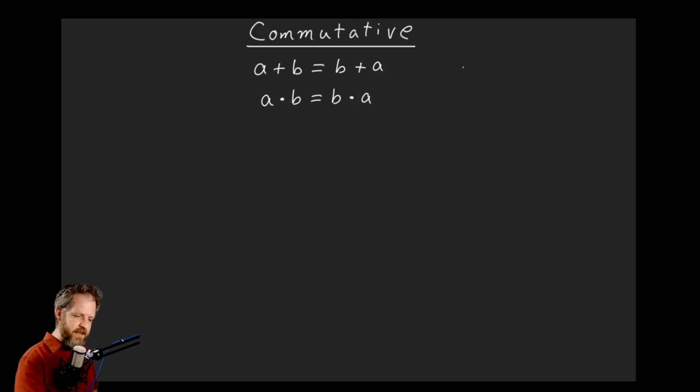An example of this might be, let me change colors, 3 plus 2 equals 2 plus 3. All right, because 3 plus 2 equals 5, and so does 2 plus 3. Right? So we can rearrange it.